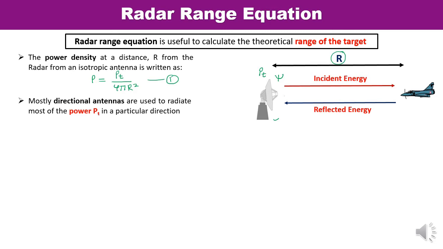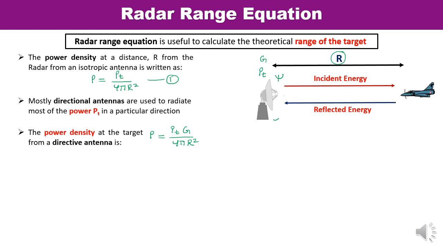If the gain of the antenna is G, then we can calculate the power density at a distance R from the transmitting antenna with gain G. Because of the directional antenna, the power density would be PT into G upon 4 pi R square, because it is multiplied with the gain.